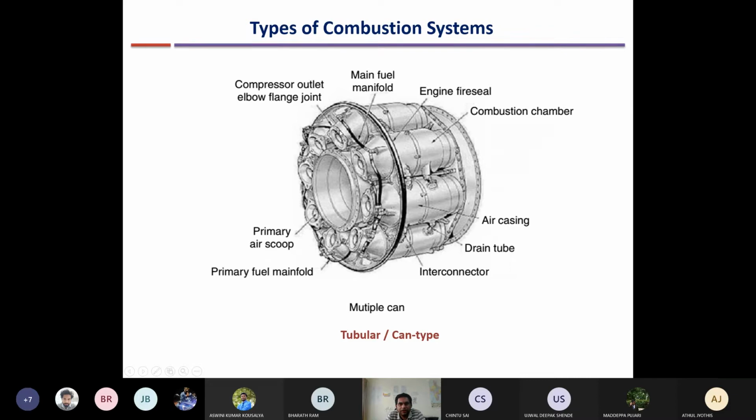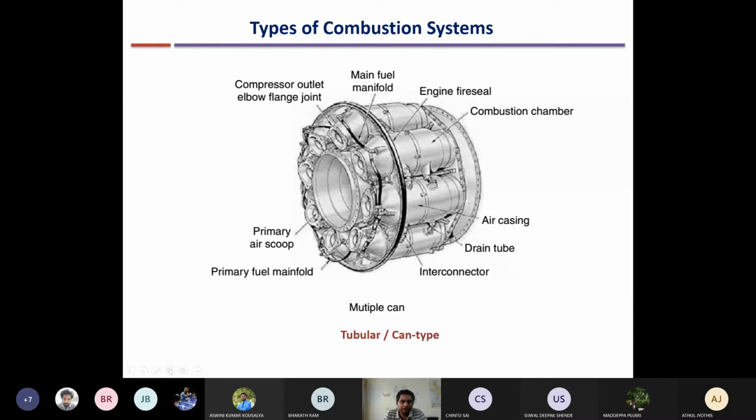The advantage is that these are structurally sound, meaning they are strong, and with high temperature the chances of deformation or buckling are less because of their small radius.